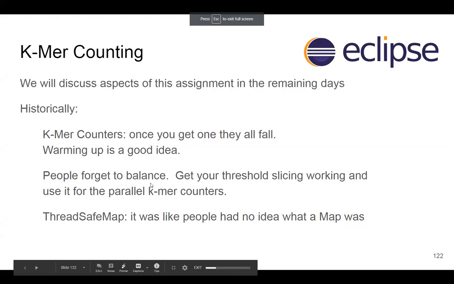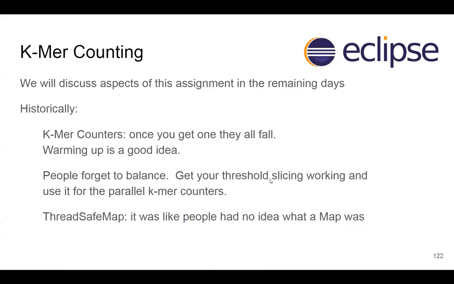A lot of times people forget to balance them. The whole point of this threshold slicing is to make sure that you call it for your parallel ones. There's no need to balance a sequential one. The whole point behind doing threshold slices is to spread the load on multiple processors. For the sequential ones, like the int array, there's no sense in slicing that up. But the parallel ones, you definitely want to.